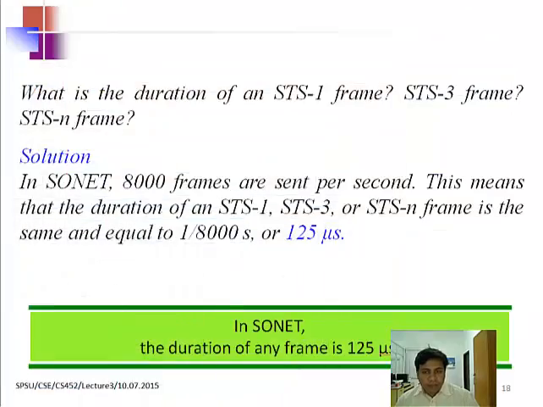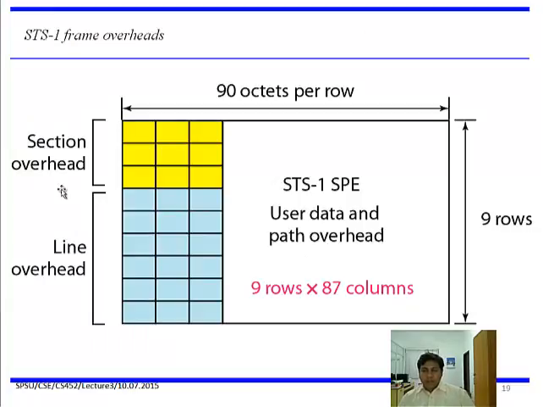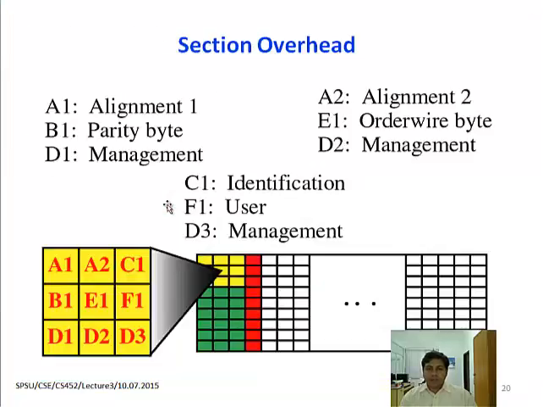Now the duration of any frame will be 125 microseconds. We have discussed section overhead, line overhead and total path overhead, and this is data. This is the structure of any SONET frame, and 8000 such frames are carried. Now this is my alignment.